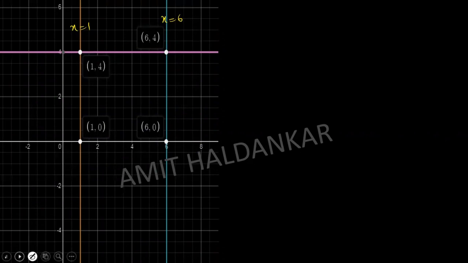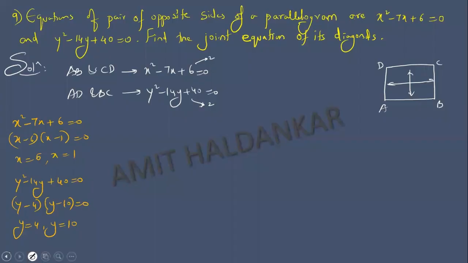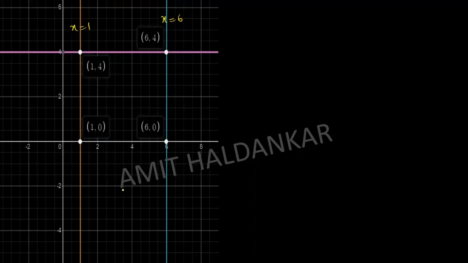You have the other line as y is equal to 4 and y is equal to 10. So y is equal to 4. This is y is equal to 4. And there will be one more line, which is y is equal to 10.